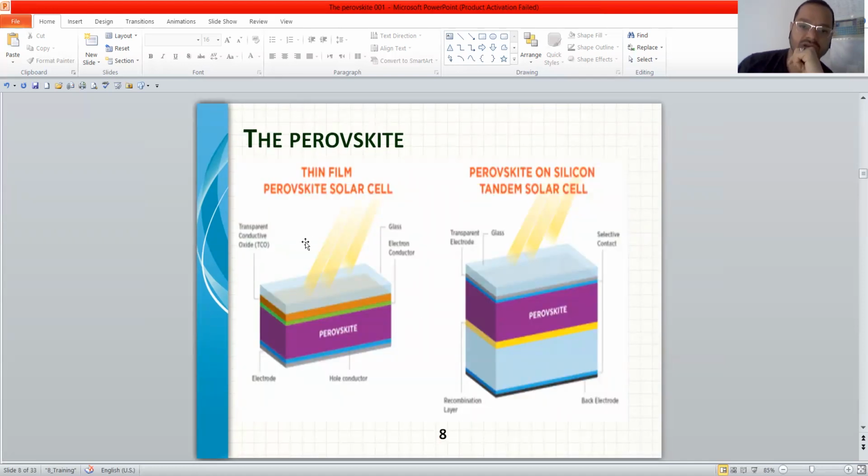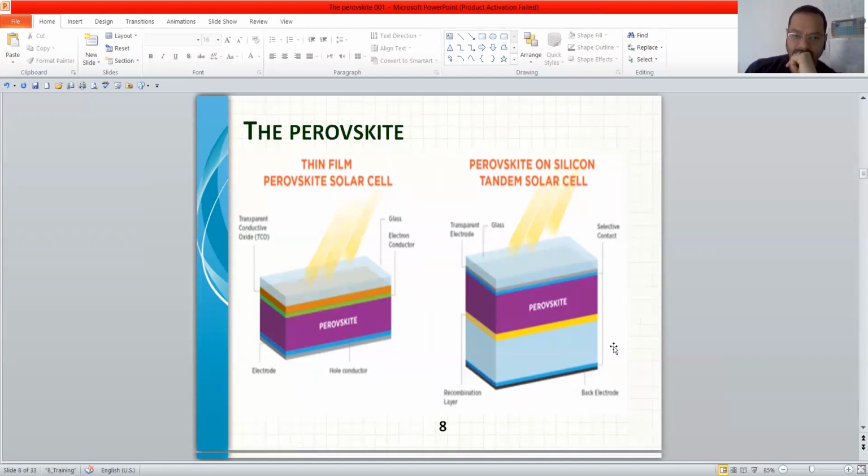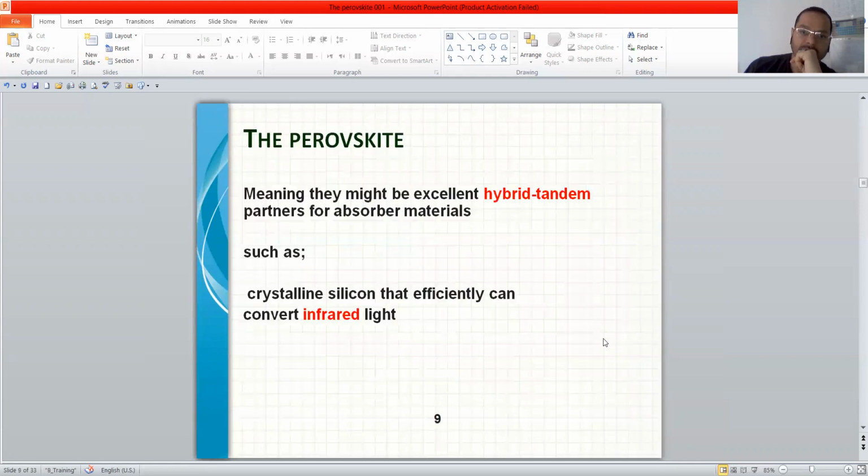Here, with the normal thin film perovskite solar cell, and the perovskite on silicon tandem solar cell, they might be an excellent hybrid. The hybrid means it does not belong to this group; it comes from another place, and we try to put it in another group to build a different structure.